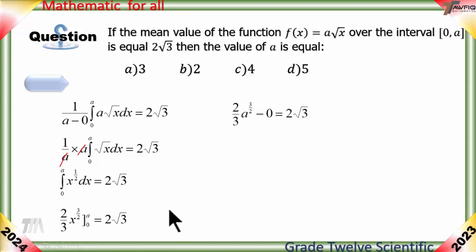And now, when we are replacing a, it becomes 2 over 3 times a to the power 3 over 2, minus, when we are replacing 0, it becomes 0, equal to the square root of 3. Simplifying, 2 over 3 times a to the power 3 over 2 is equal to the square root of 3.